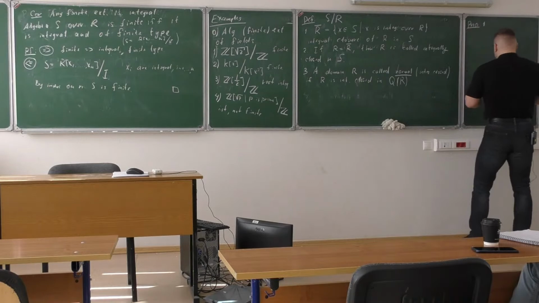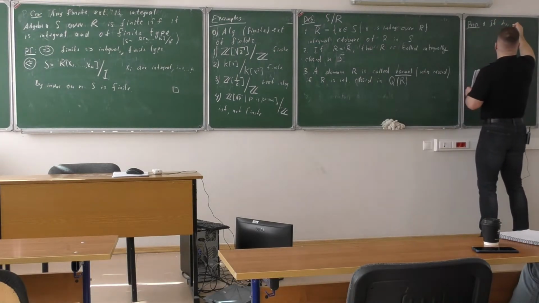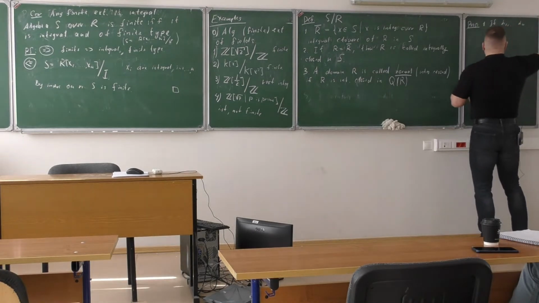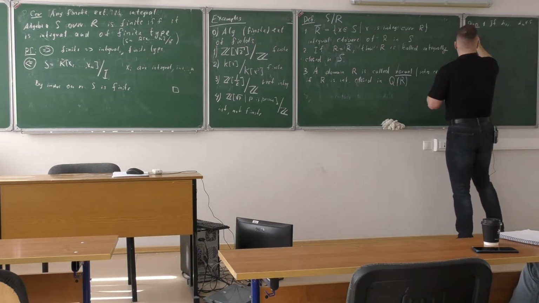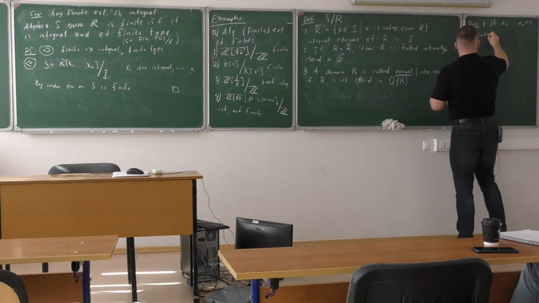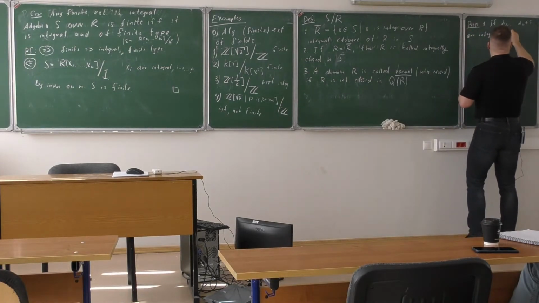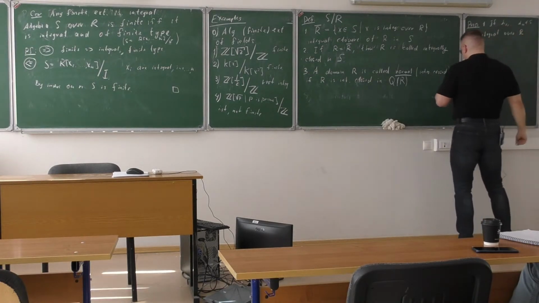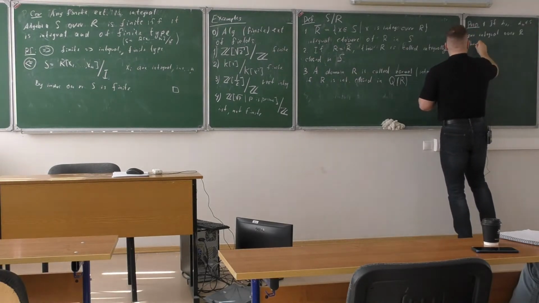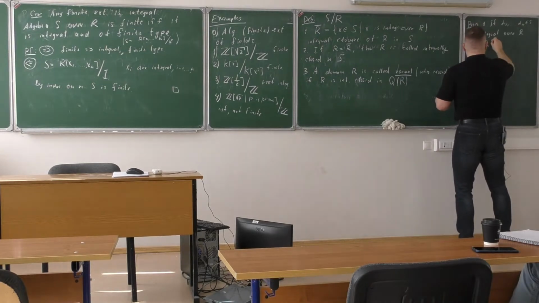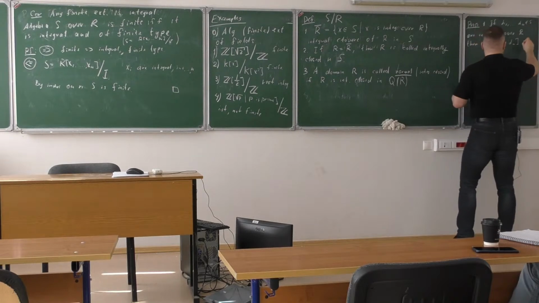First part: if you consider elements alpha 1 up to alpha n in S which are integral over R, then R where you join these elements is a finite R-module.